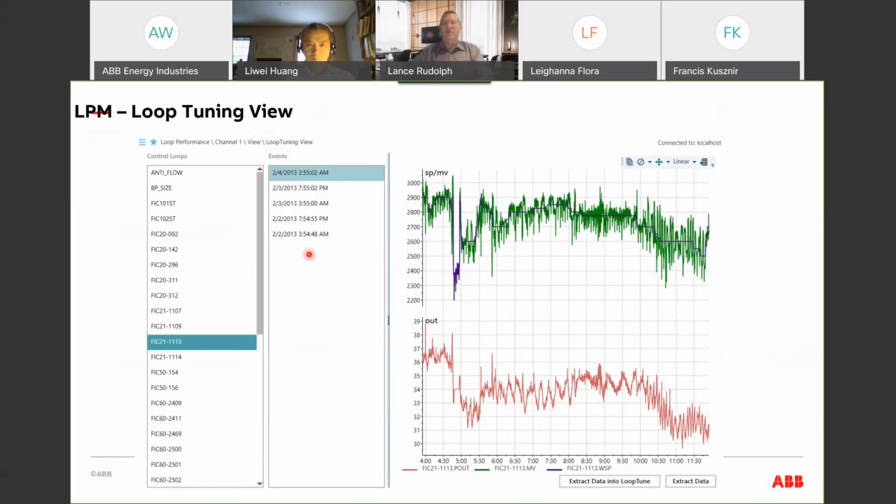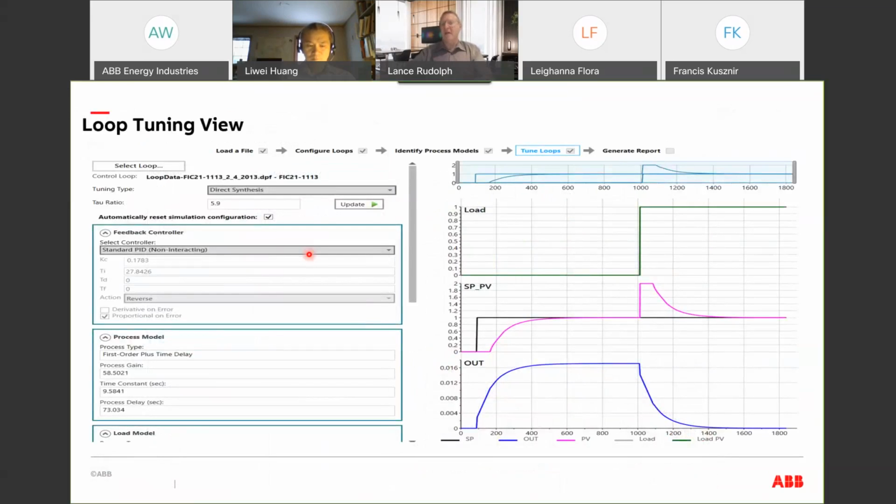So if we look at the tuning tool, once the data set is directly imported into the tuning tool, this tool allows us to build a process model. And then that process model is used to support adjusting the tuning parameters, simulating those results, and evaluating how the tuning changes would impact the response of the control loop.